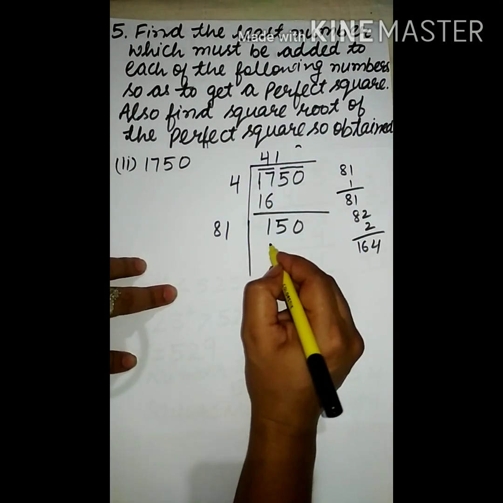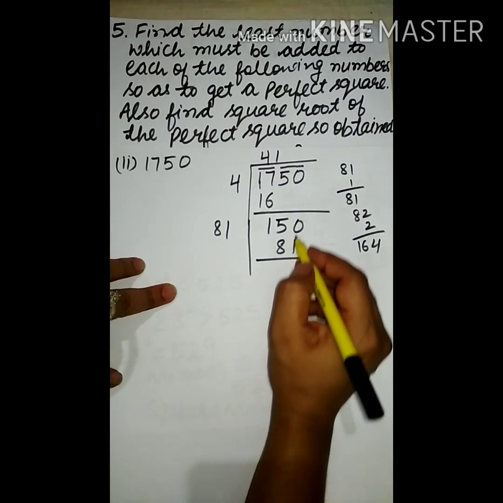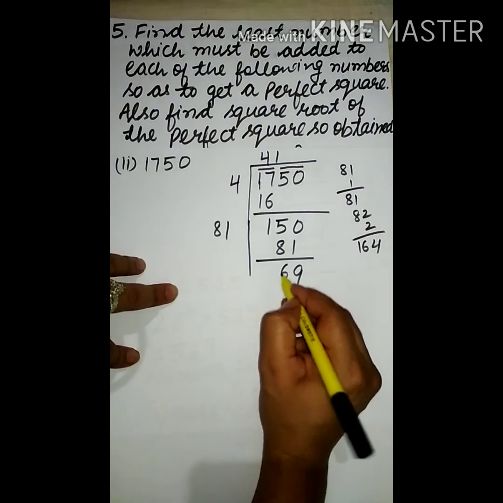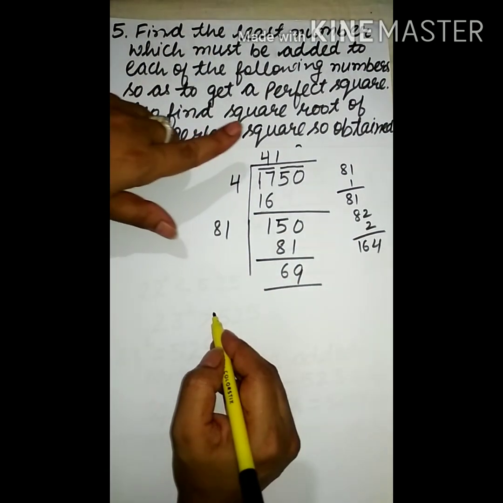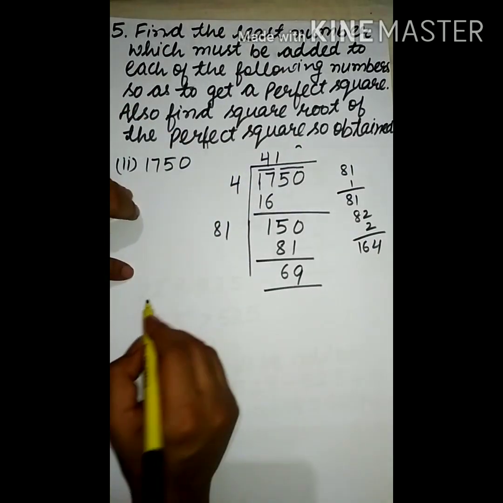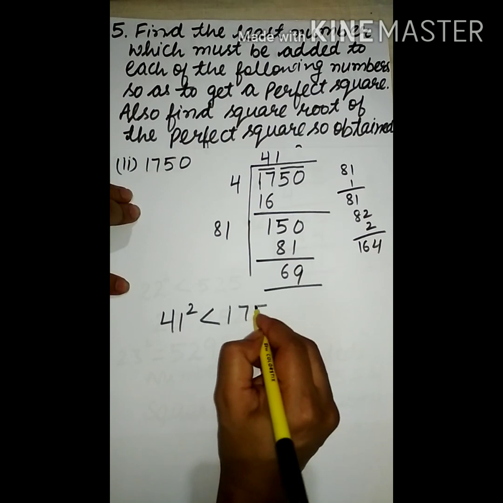So it is 81. Now 150 minus 81 is 69. Now the quotient is 41, so the square of 41 is lesser than 1750.